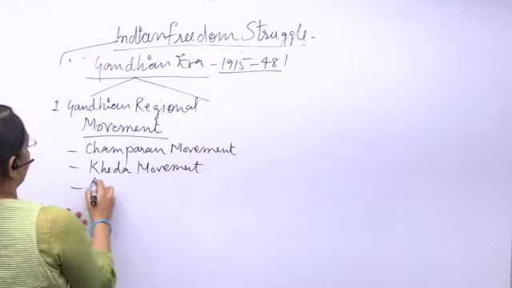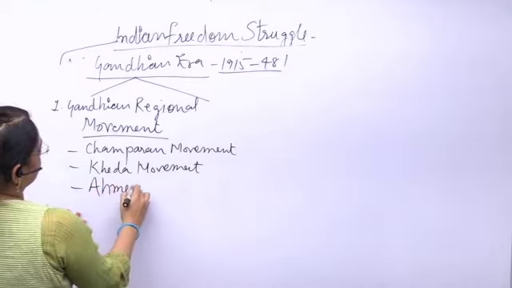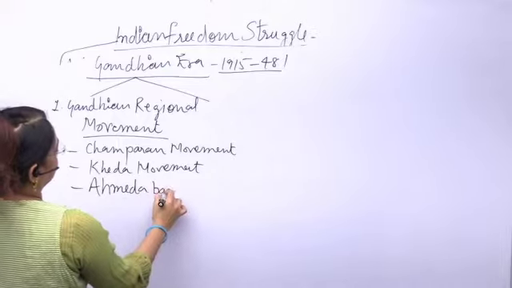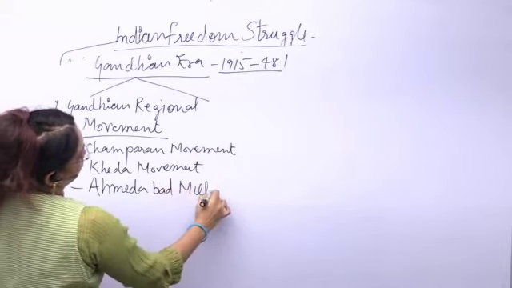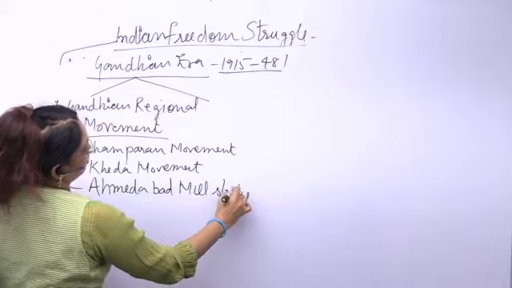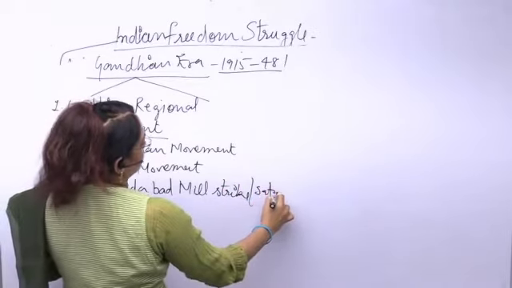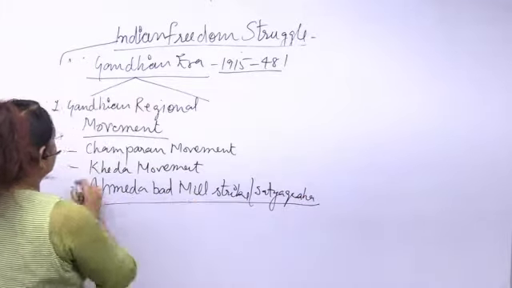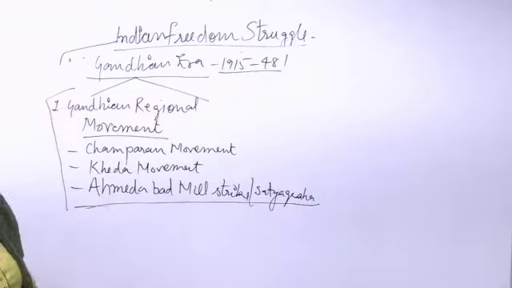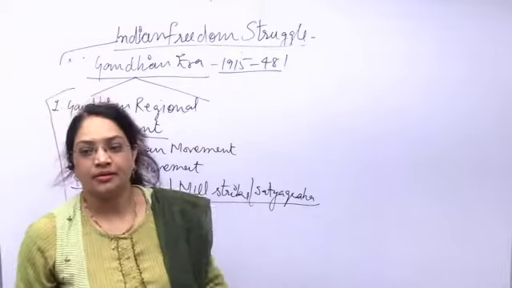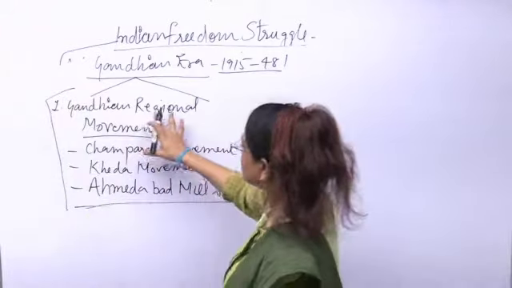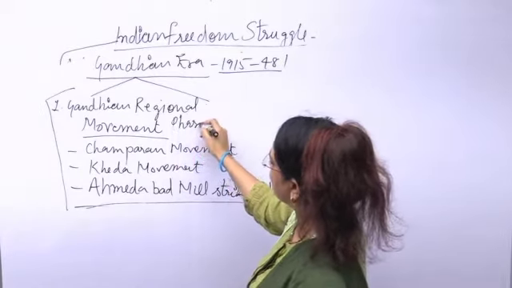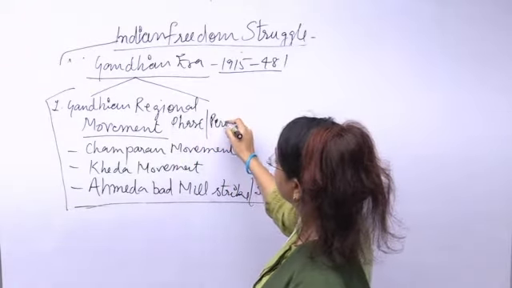The next one is the Ahmedabad mill strike, mill strike or Satyagraha you can call it, right? So these are the Gandhian regional movements phase, or period we can say.